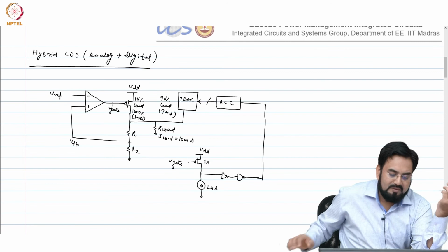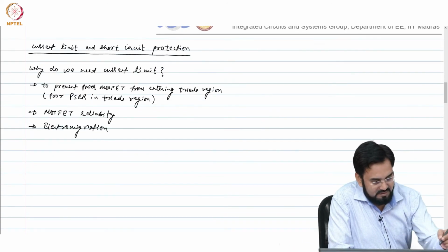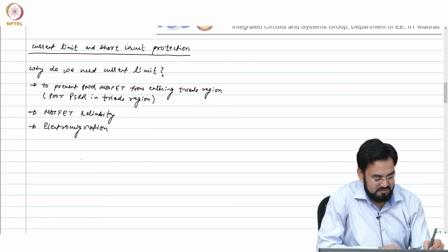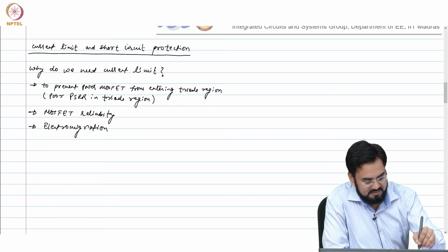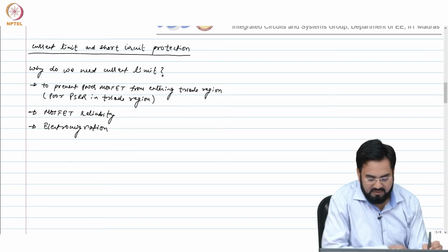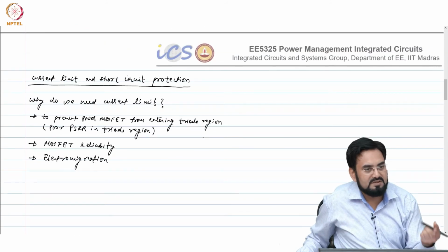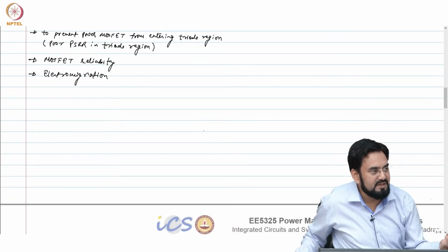Okay, so that's why we need current limit. And how do we do that? Let's see. So we already know how to sense the current. All you need to do is sense the current and from the output take the decision.